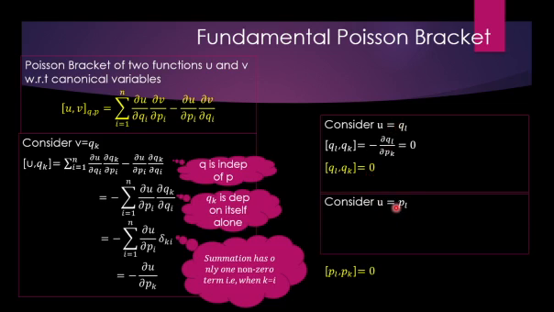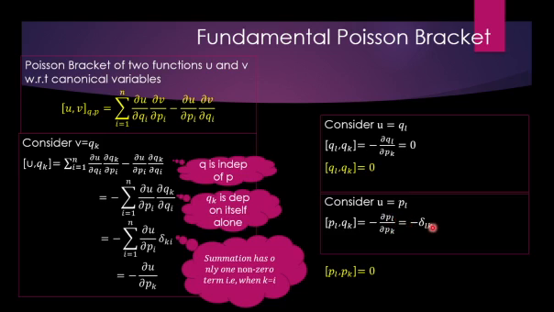Now in order to get the second fundamental Poisson bracket, instead of ql, I'll substitute pl. So pl comma qk will be equal to minus dou, instead of u, pl by dou pk. Here also you can see p depends only on itself. So whenever l becomes equal to k, you will get 1, otherwise it is 0.